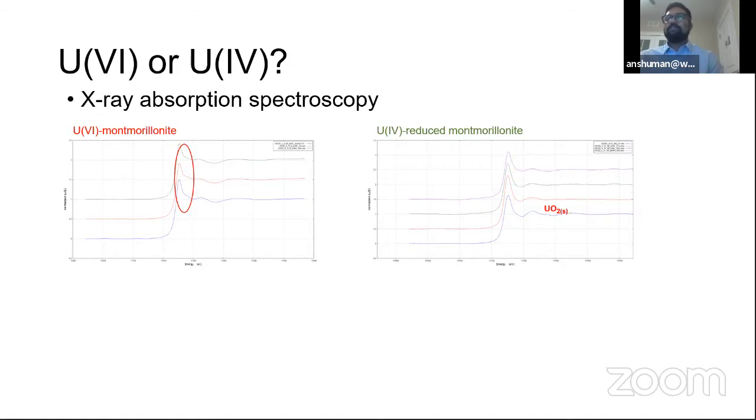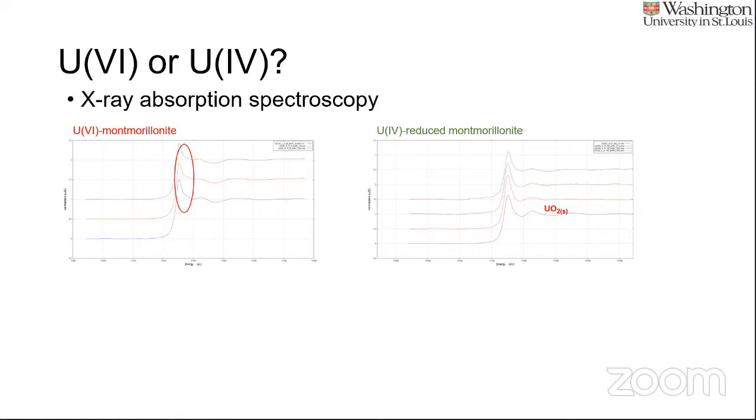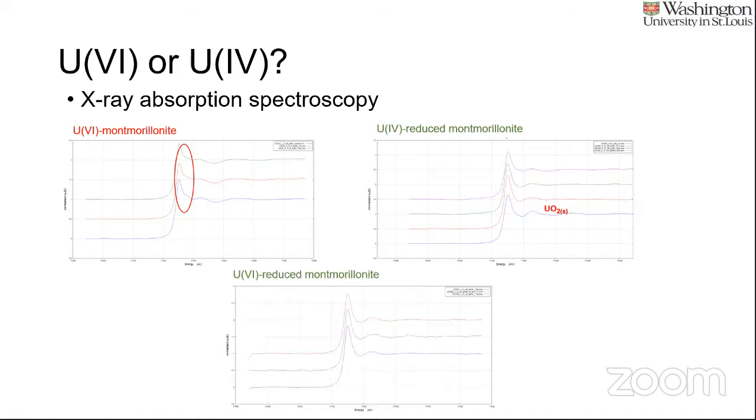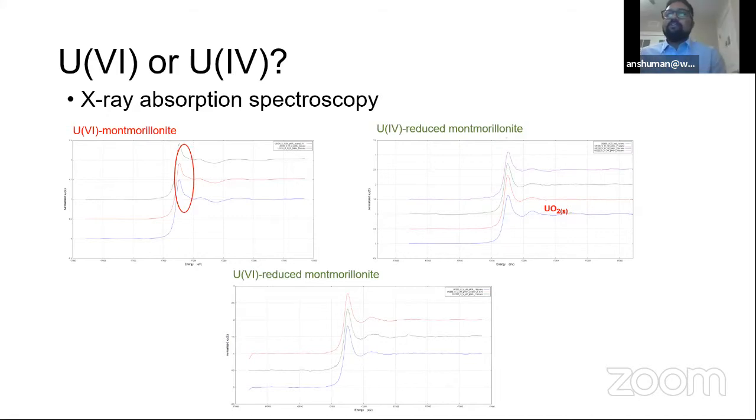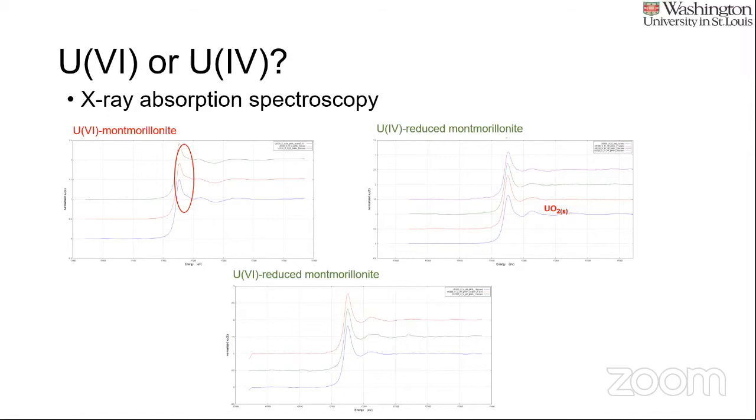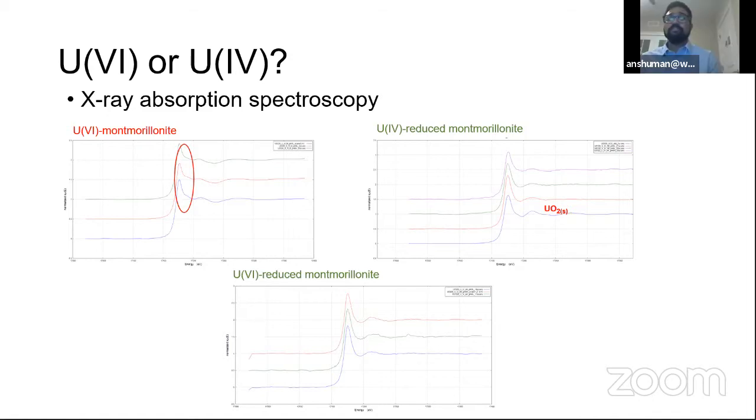So if our samples, which are U6 adsorbed onto reduced Montmorillonite, have already reduced into U4, they should look more like the right-hand side and less like the left-hand side. So did we see that? Yes, we did. We started with U6 and adsorbed it onto reduced Montmorillonite, and we found that after 24 hours, most of it is reduced, as you can see from the graph at the bottom.